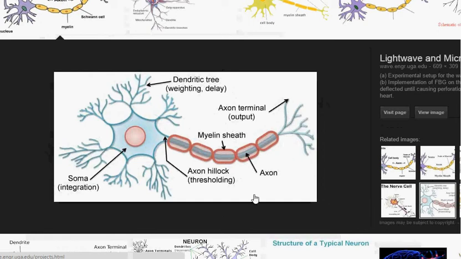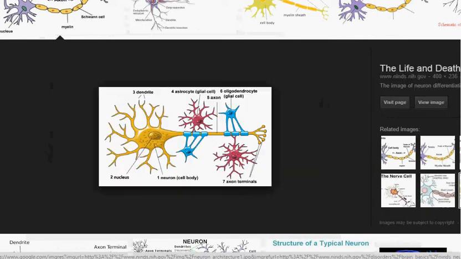So what you can see here is that the axon is made up of round, white, fatty type substances here in casings, and that is going to be your glial cells. So here you can see this would be an example of a glial cell, and it's wrapping itself around, insulating the axon. This facilitates the electrical transmission of the action potential. Now I believe these would be, it actually says it up here, these would be oligodendrocytes.